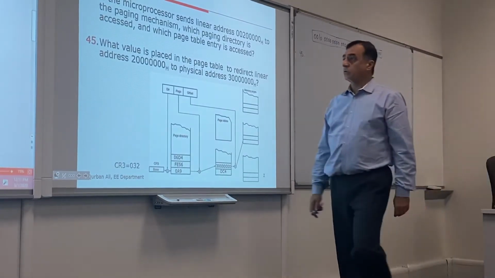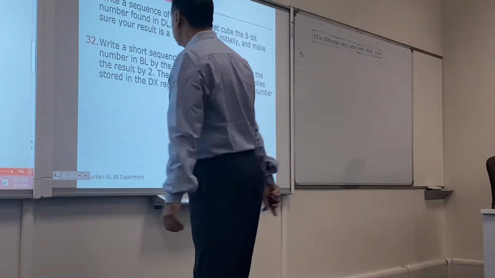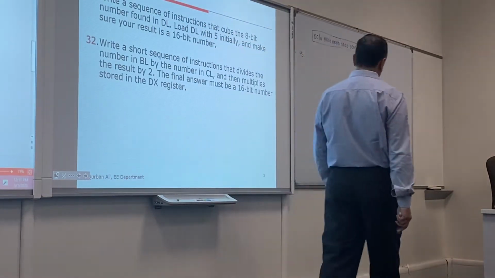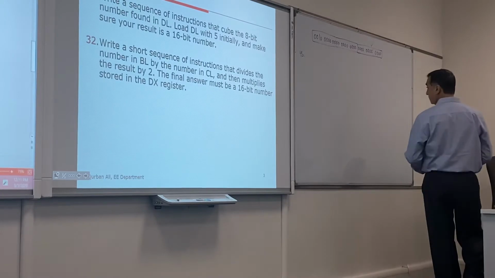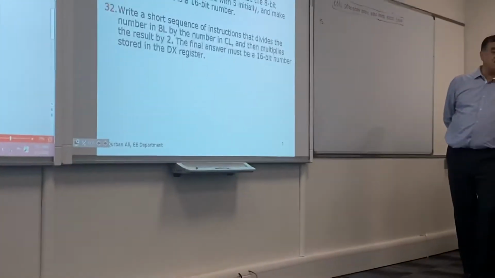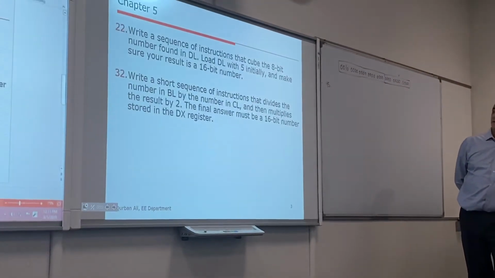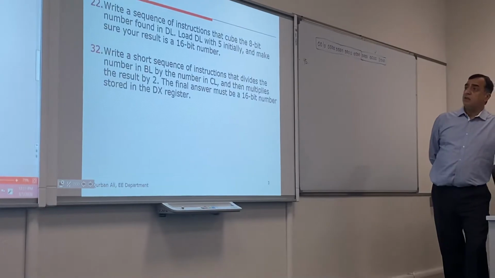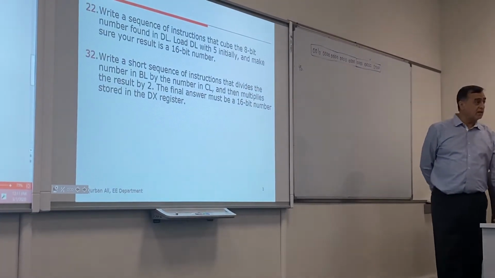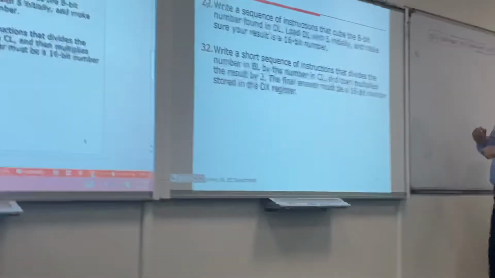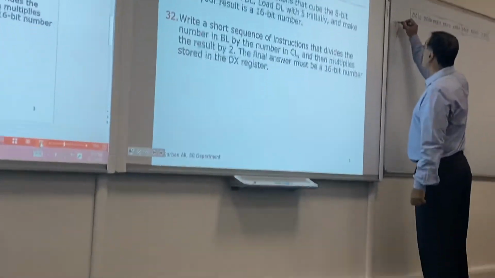All right, let's do 22 from chapter 5. Write a sequence of instructions. I think this was in the homework. A sequence that cubes the 8-bit number found in DL. So the target, this is question number 32.